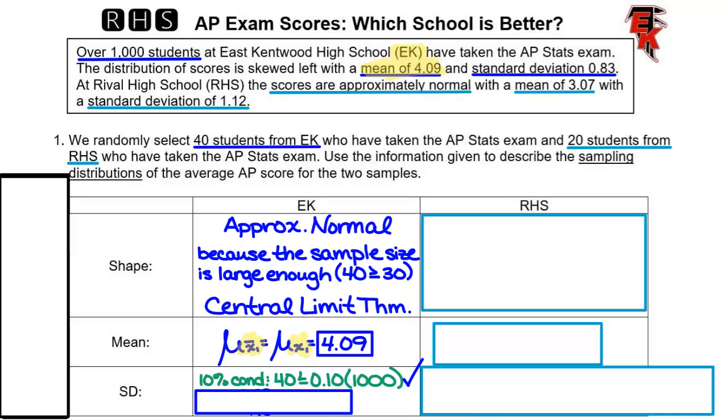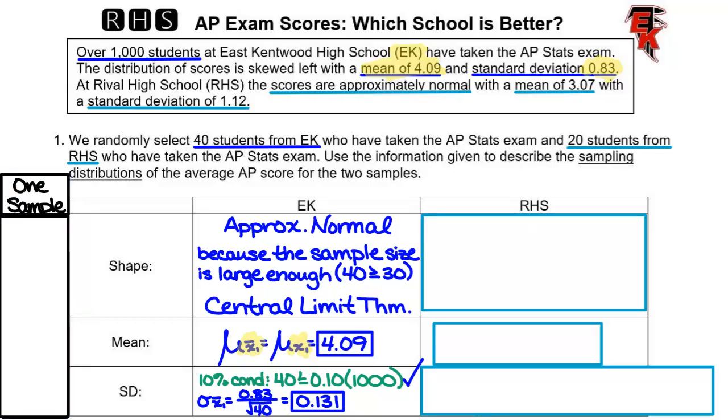How do we calculate the standard deviation here? Yes, standard deviation for the population, which is going to be how much? 0.83, standard deviation for the population, divided by the square root of 40, which comes out to be about what? Yep, right about 0.131.